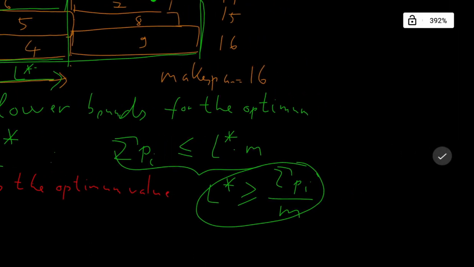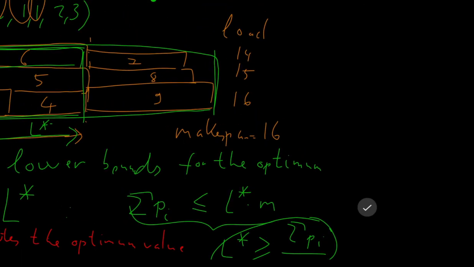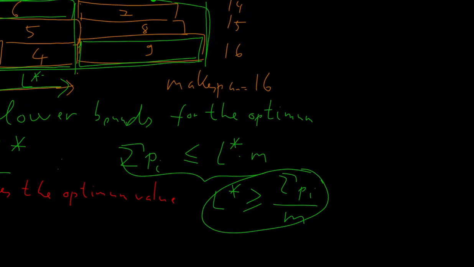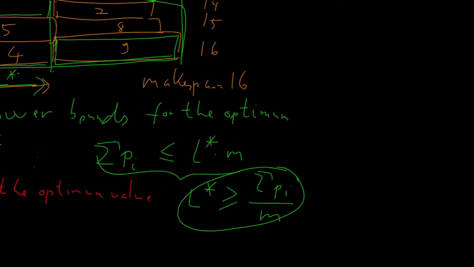Another bound comes from the fact that the largest job also has to be scheduled on one single machine. So in this example, if I know that there is a job of cost 9, then I cannot do better than 9, because this job should be scheduled onto one of those machines, so the load of that machine will be at least 9.